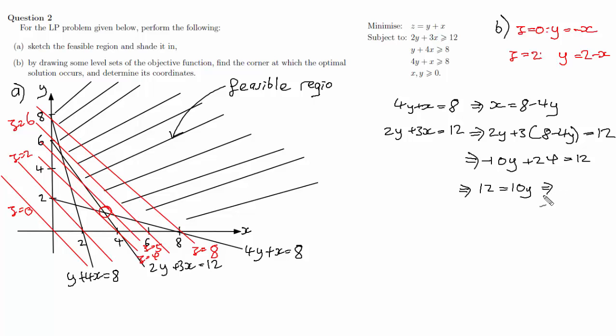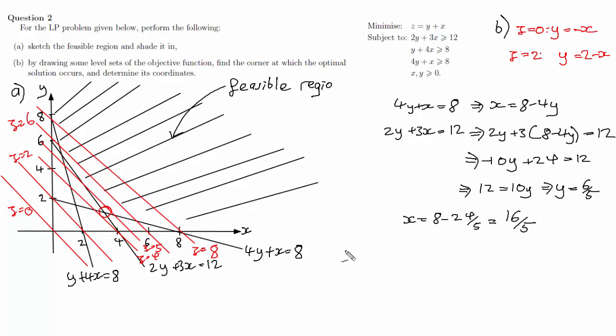Therefore, dividing both sides by 10, we get y equals 12 on 10, which is just 6 on 5. Subbing that into our original equation, we'll see x equals 8 minus 24 on 5, which is equal to 16 on 5. Now, our question just asks for the corner where the optimal solution occurs, and that's what we found.